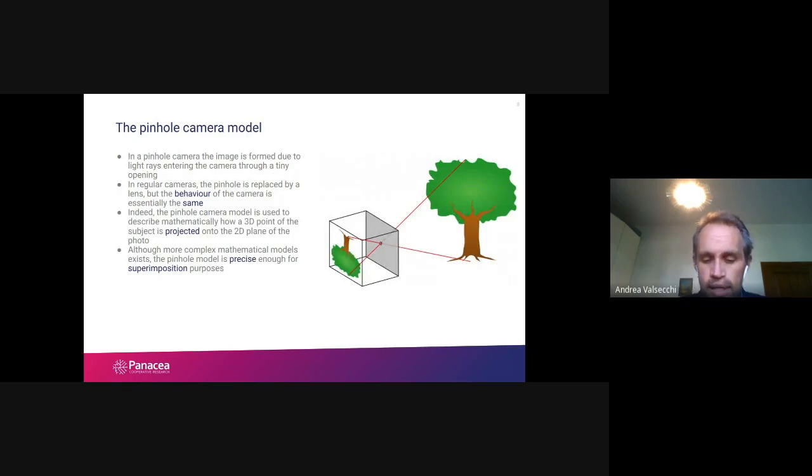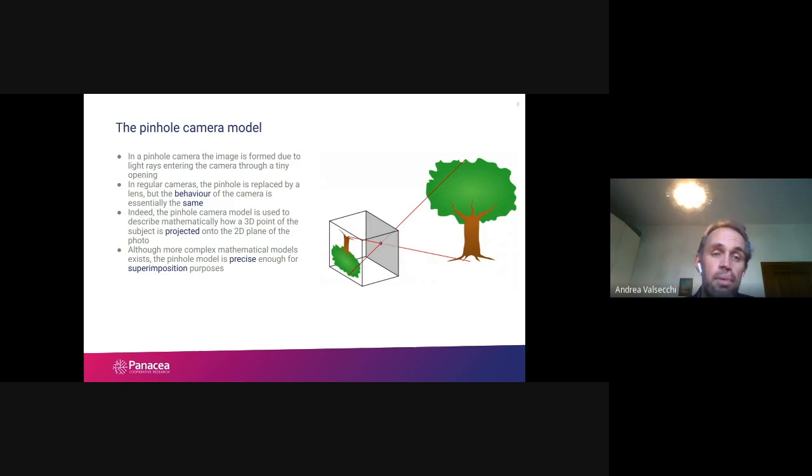These parameters come from a mathematical model, which maybe sounds more complicated than it is: the pinhole camera model, which is the most basic camera model you can get. It's just like the camera obscura, where an image is formed by light rays coming through a small aperture.